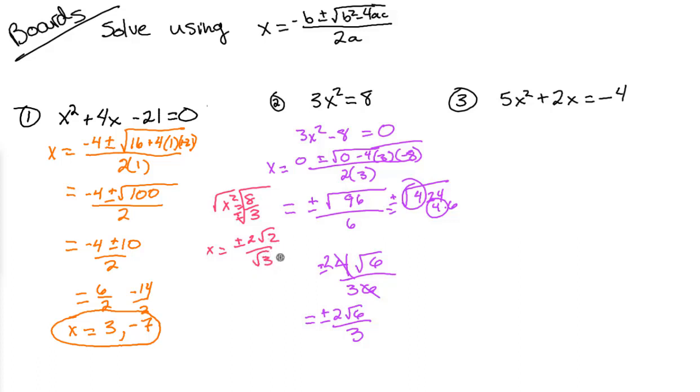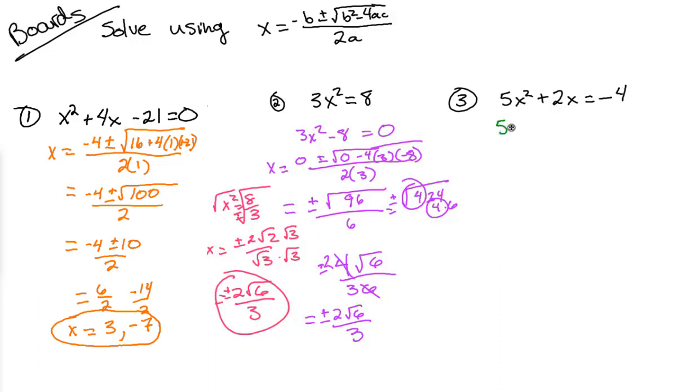No, we rationalize the denominator. So if we times by square root of 3 and square root of 3 like we did back in the last chapter, we get x equals 2 square root of 6 all over square root of 3 times square root of 3 is 3. Not that it saved us any time, but it was fascinating to watch how this formula really will solve every kind of quadratic equation. That's pretty slick. Okay, the last one.